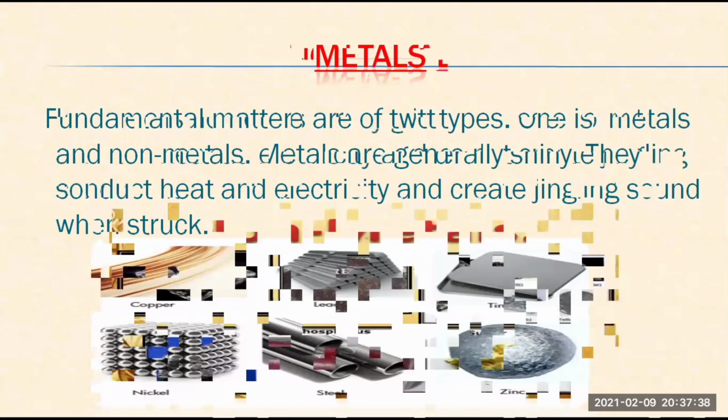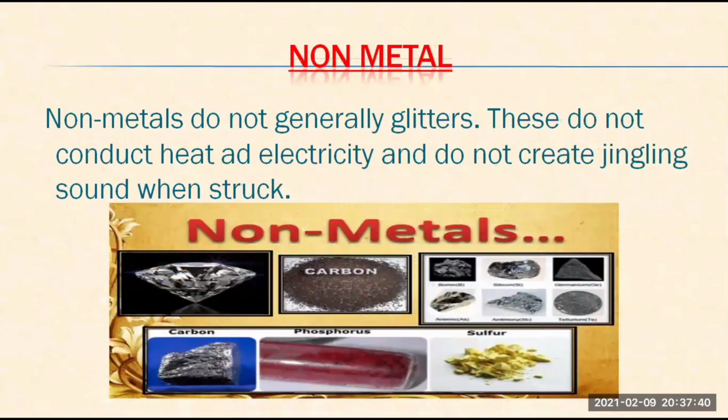Now let's see the non-metals. Just think of the opposite of metals. They do not glitter; generally they are just dull, they do not conduct electricity or heat, and they do not create any jingling sound when struck. So they are fully opposite to metals. Examples are phosphorus, sulfur, and diamond, which is carbon.